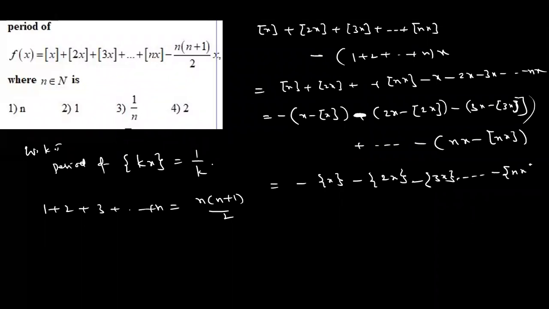What is the period? 1, 1 by 2, 1 by 3, 1 by n. So the LCM of 1, 1 by 2, 1 by 3, 1 by n. What is the answer?